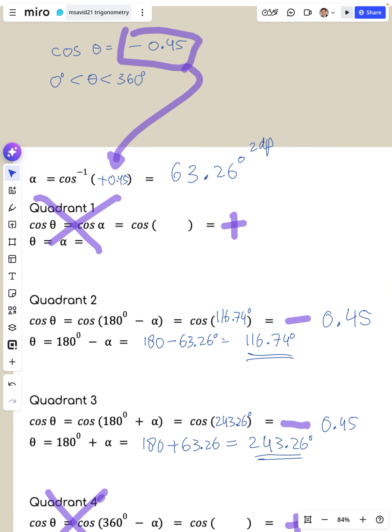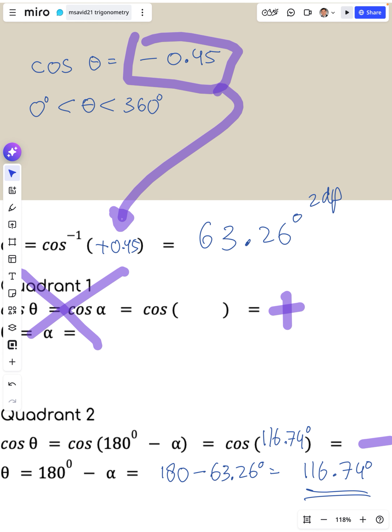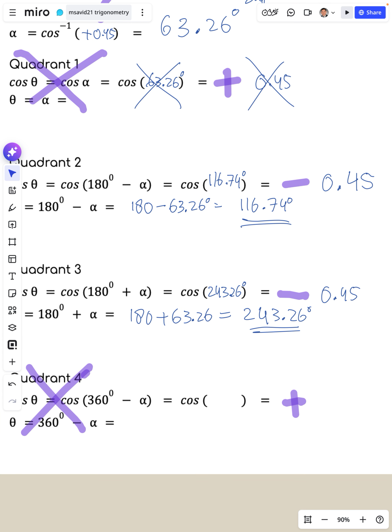Just to check for quadrant 1 and 4, we press cosine 63.26 degrees, and if you press the calculator, you get positive 0.45, which is wrong, because they want the negative value. How about this one?